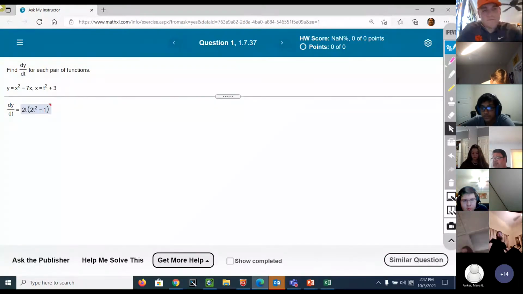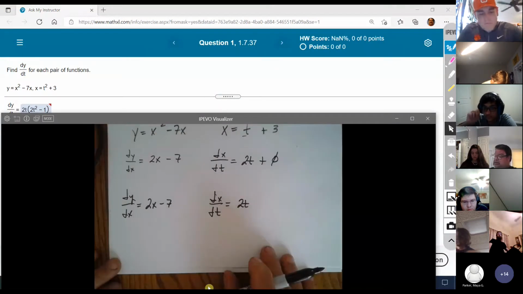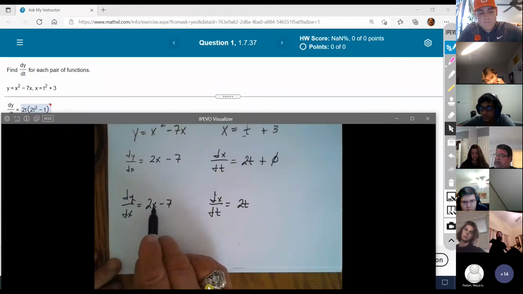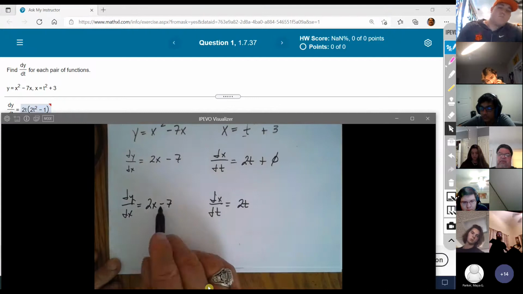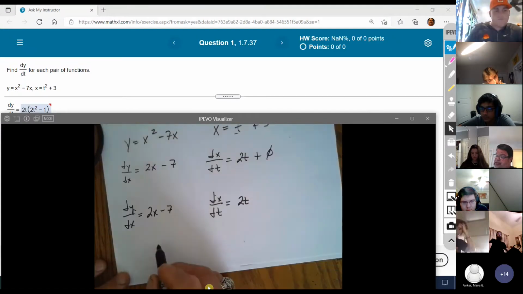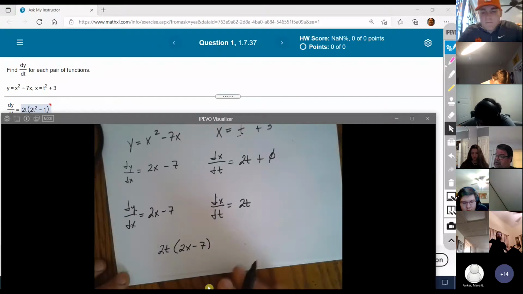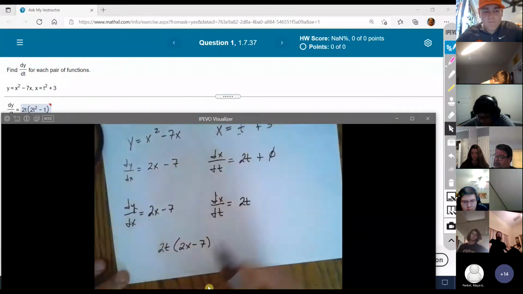They're telling you, after you take the derivative of each, which the directions do not say, they want you to get 2t and x. They want you to get one variable. So 2t times 2x minus 7, and x is equal to t squared plus 3.